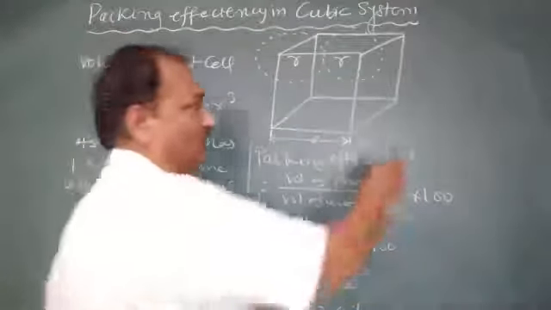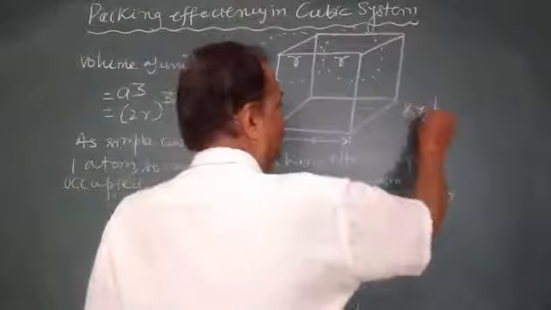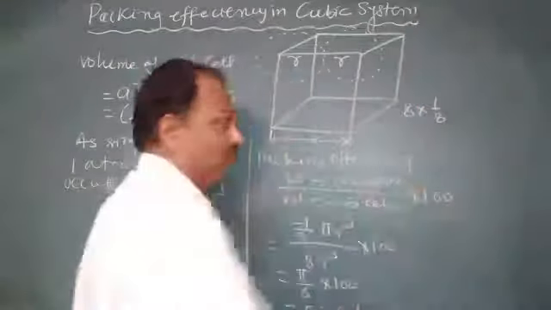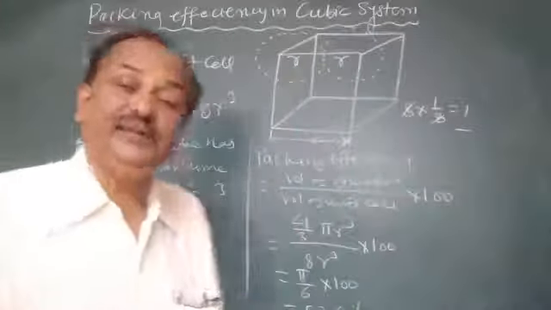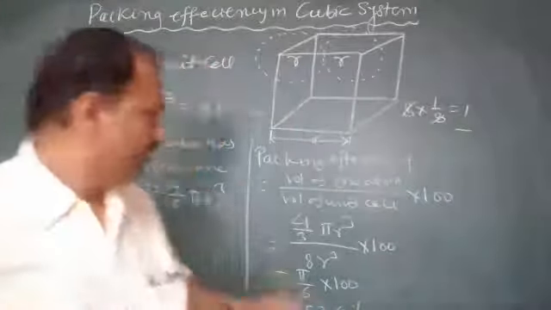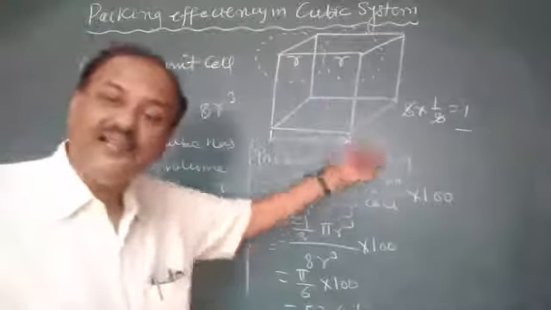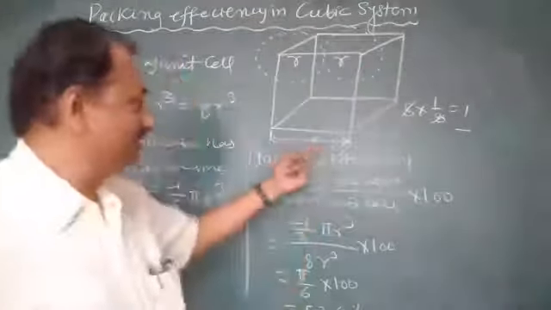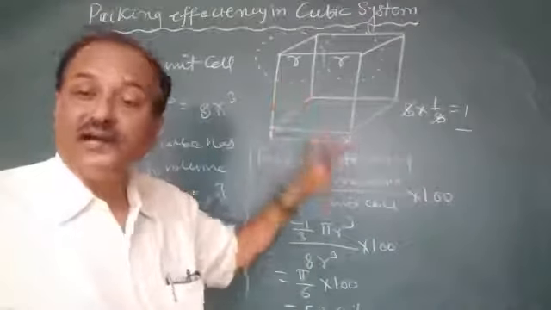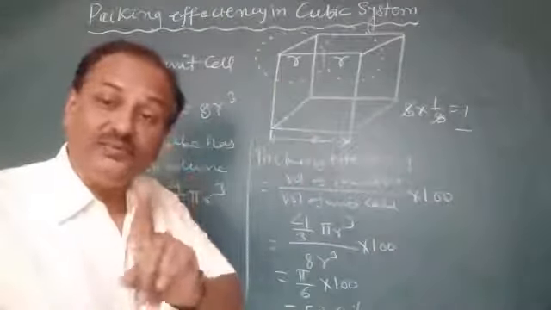And now 8 corners, 8 into 1 by 8, so it is equal to 1. So in a simple cube, the number of particles is equal to 1. This thing you know already. Second, the edge length in a simple cube is represented as a, and all the arms are equal, they are similar.